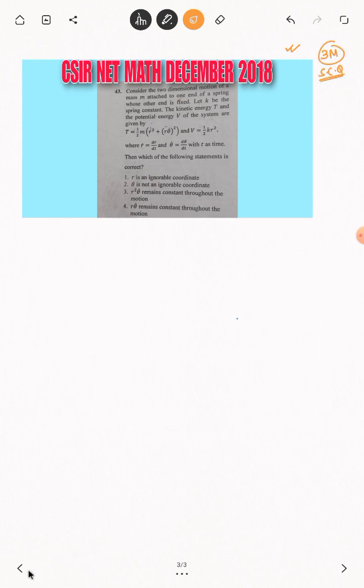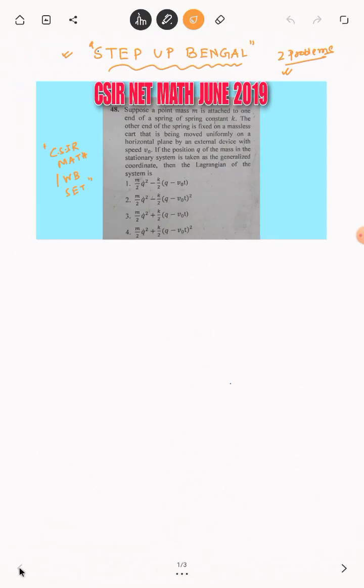As we have already discussed, these 3 marks questions will be 25 in total. 25 into 3, that means a total of 75 marks is allotted in CSIR for this type of question.